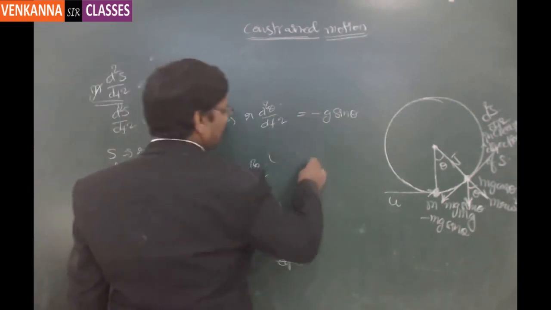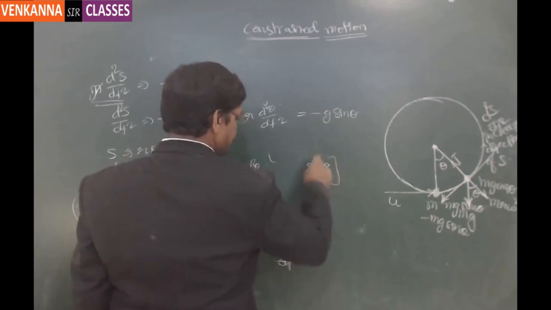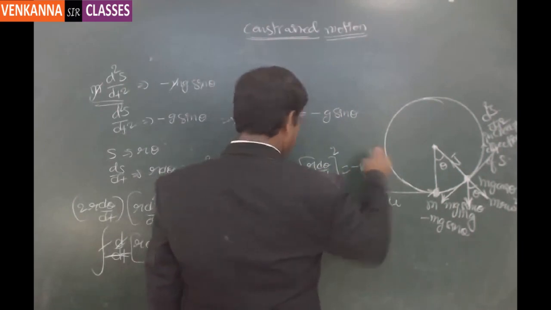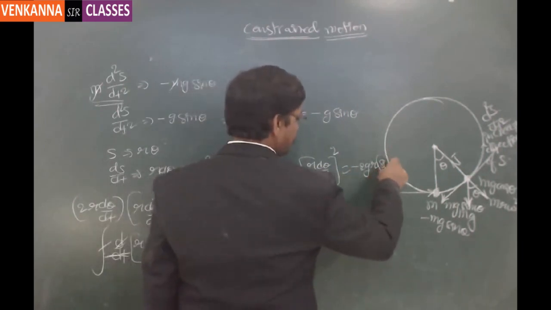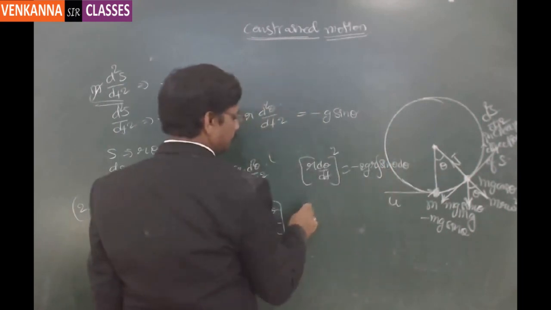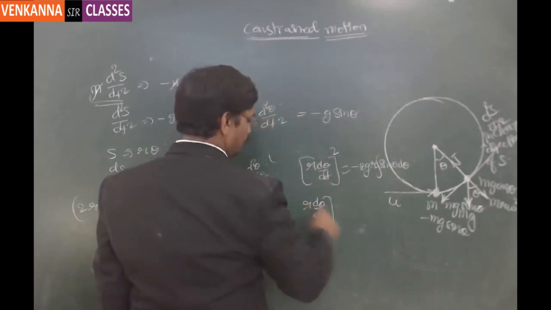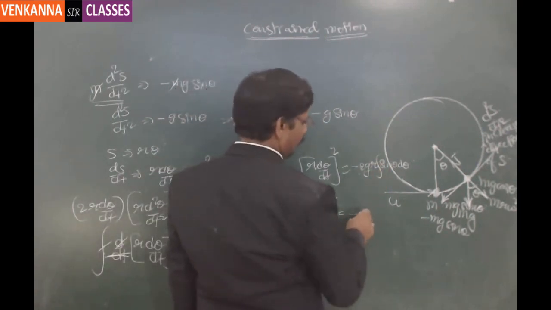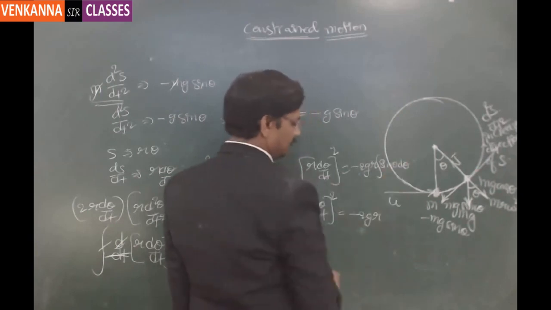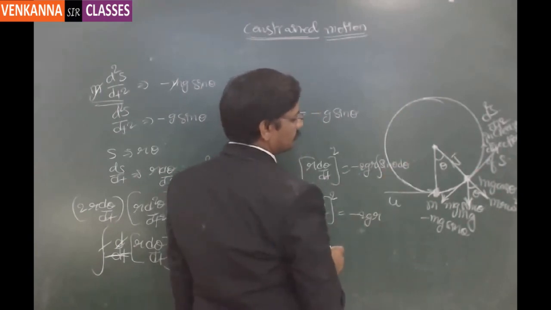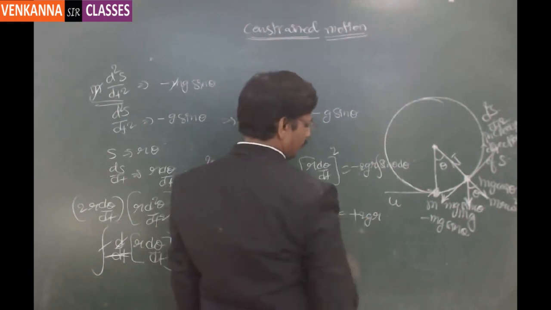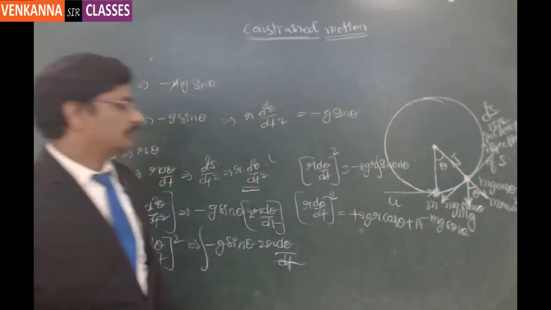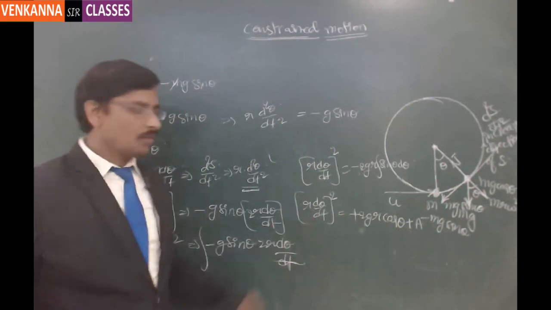So r into d theta/dt whole square is equal to minus 2gr integral sin theta, which is minus cos theta plus some arbitrary constant A. And r d theta/dt is nothing but r omega.